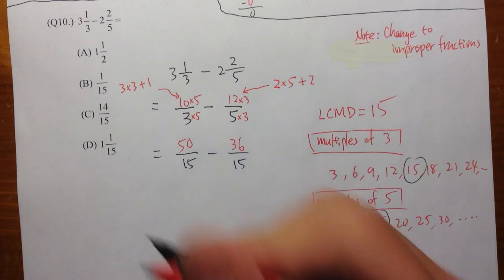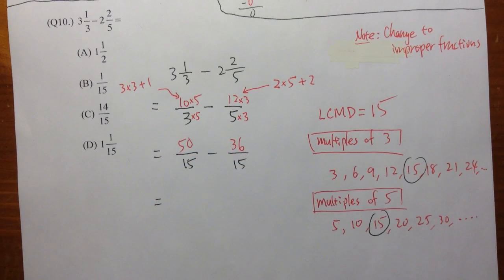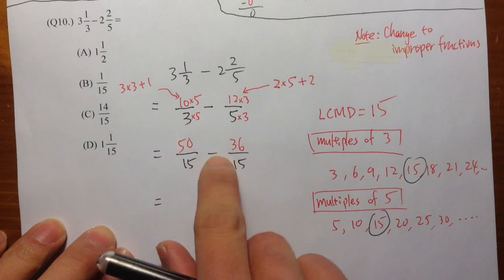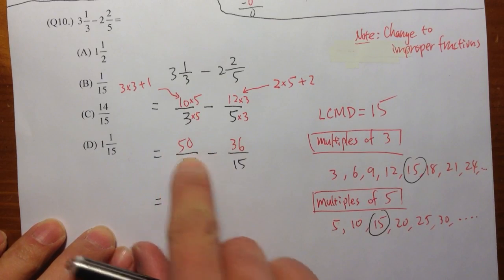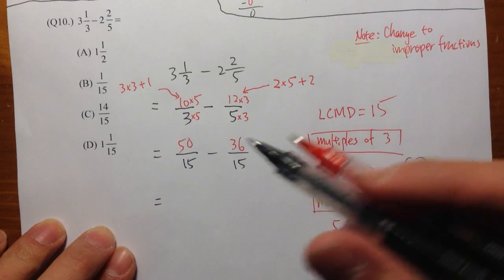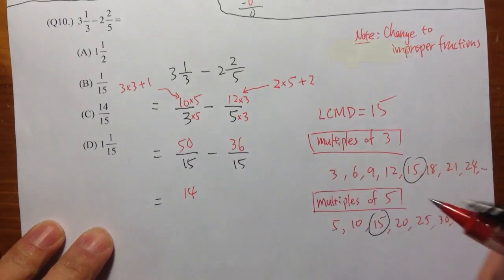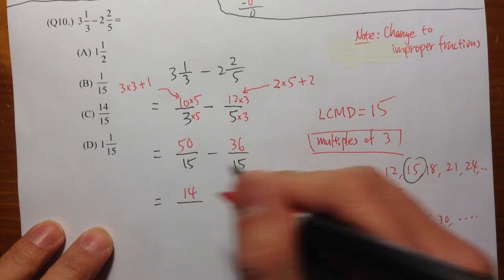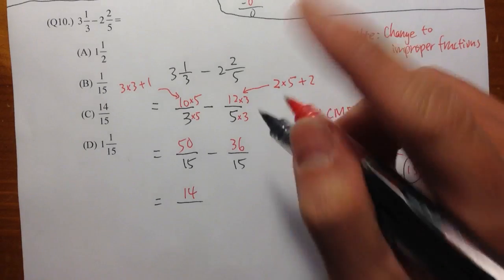Okay? So these are just the procedures, but later on I will talk about the concept, like why we do this. And then the last procedure is, once they have the same denominator, we can just subtract the tops. 50 minus 36, I believe that should be 14. And I hope that's right. So, 15 and 15. The denominator stays the same though.